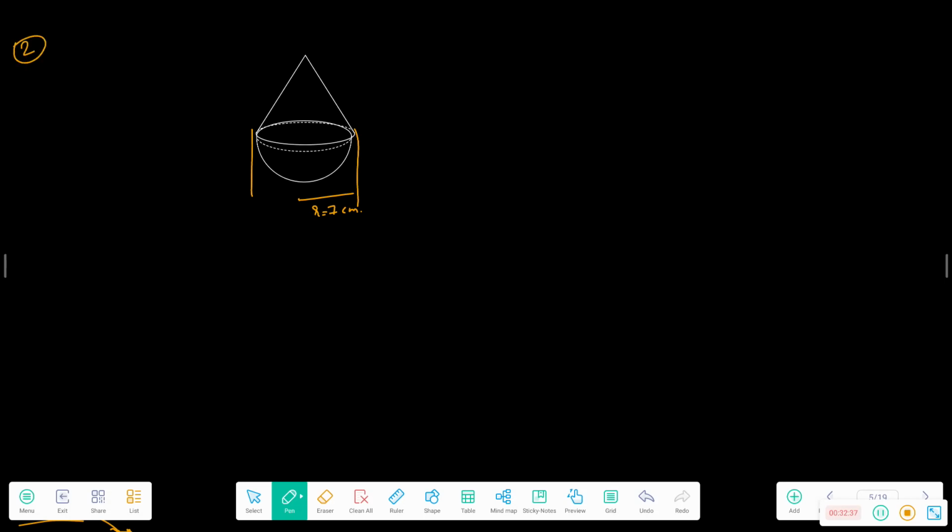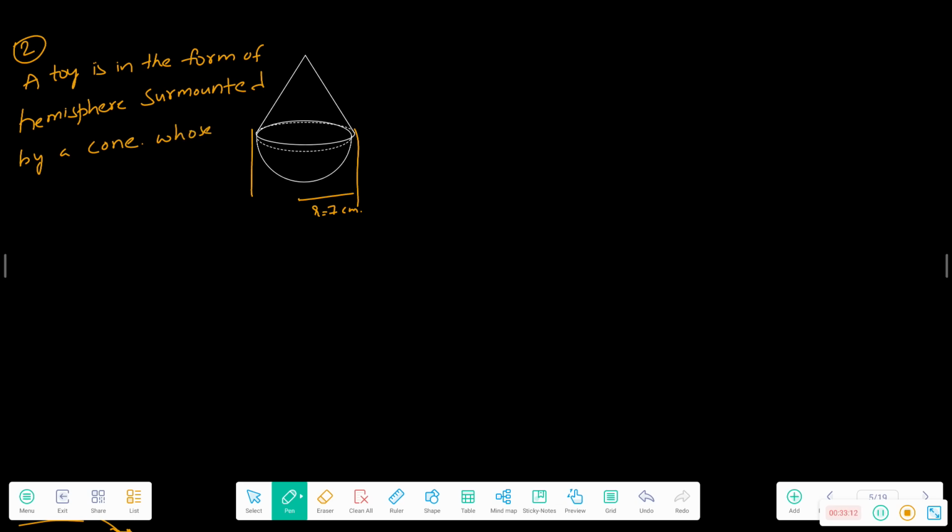Here, question number 2: a toy is in the form of a hemisphere surmounted by a cone whose base radius is 7 centimeter.